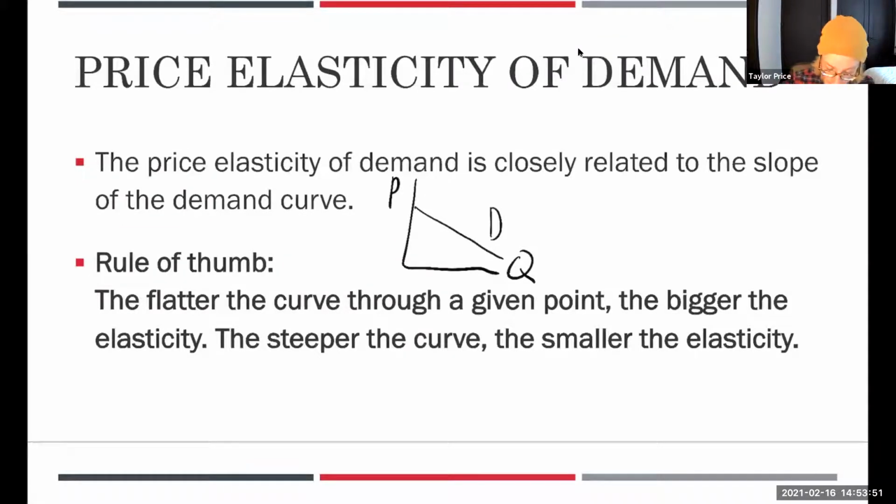Whereas if the curve is steeper, something like this, the elasticity is likely to be smaller. Importantly though, those are just a general sense. It's not exact, because the slope needs to be calculated versus the general rule of thumb. We can just get a sense of how the curve looks and then talk about the elasticity of that.